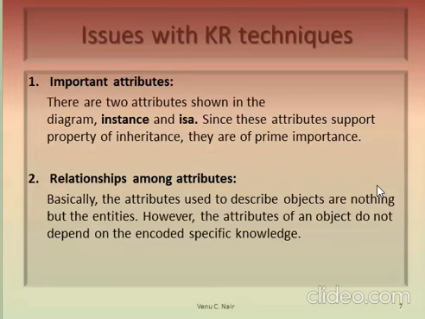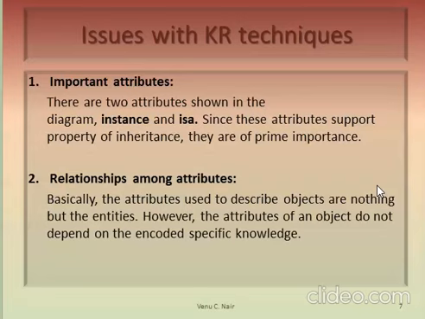Then relationship among attributes. Basically, the attributes are used to describe objects, and these objects are entities. However, the attributes of an object do not depend on the encoded specific knowledge.